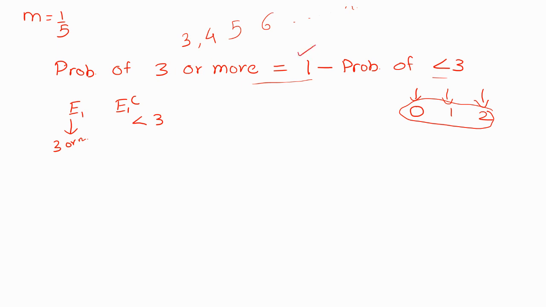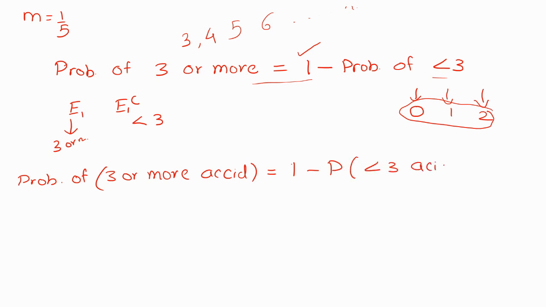But this one is easier using only these three things. So the probability of three or more accidents is the same as 1 minus the probability of less than 3 accidents.